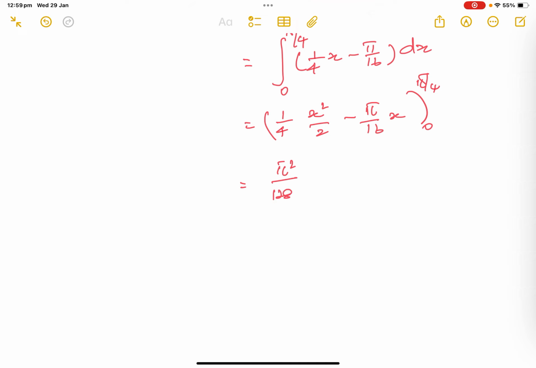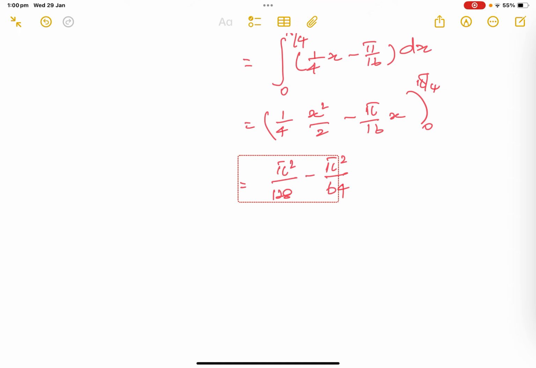Please do it, I just jumped over these steps. So x squared gives pi by 4 squared, that is pi squared over 16. We already have 8 there, and 16 times 8 is 128, that is that term, minus. Then pi by 4 times pi by 4, so 4 times 16 is 64, and pi squared, so this is pi squared over 64.